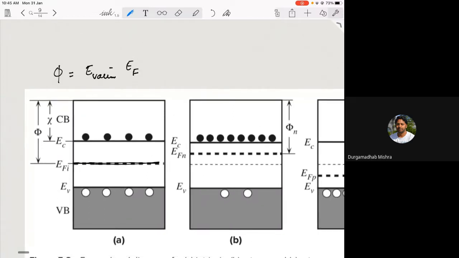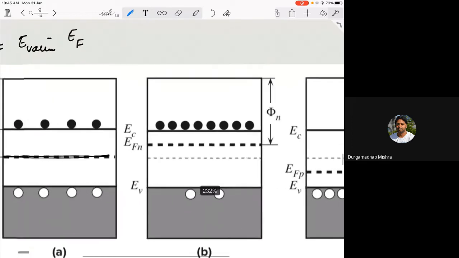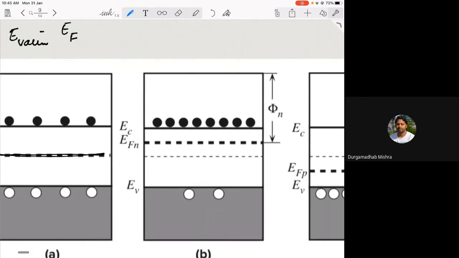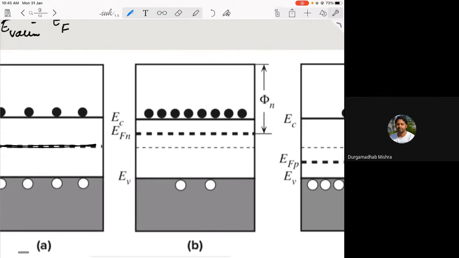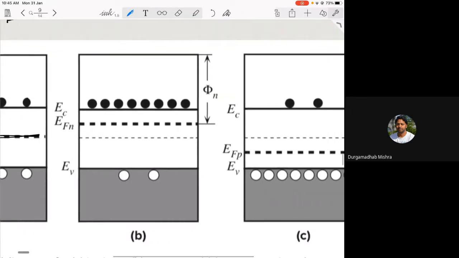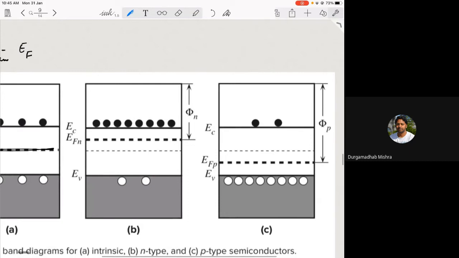And this Fermi level will change depending on the doping. If I have an N-type situation, with more dopants, the Fermi level will move close to the conduction band. And if I have P-type, where I dope boron, for example, the Fermi level will move close to the valence band.